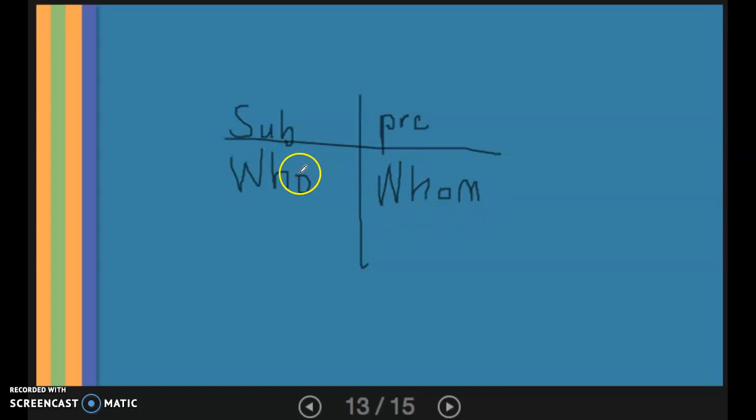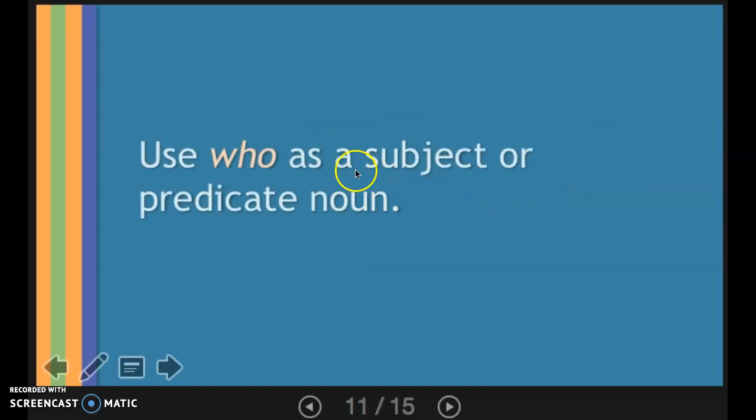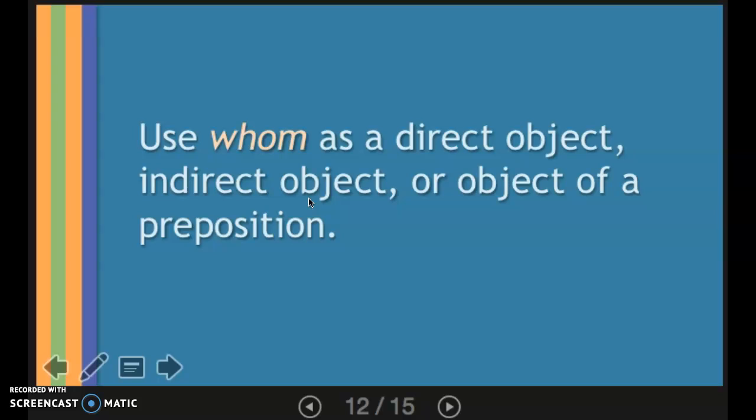So, who, whom. That doesn't mean that whom cannot be at the beginning of a sentence. Whom can still be at the beginning of a sentence. That's not what I'm saying. But who and whom, who is a subject or predicate noun. Okay? Whom is a direct object, indirect object, or object of a preposition. Okay? Whom is not a subject.